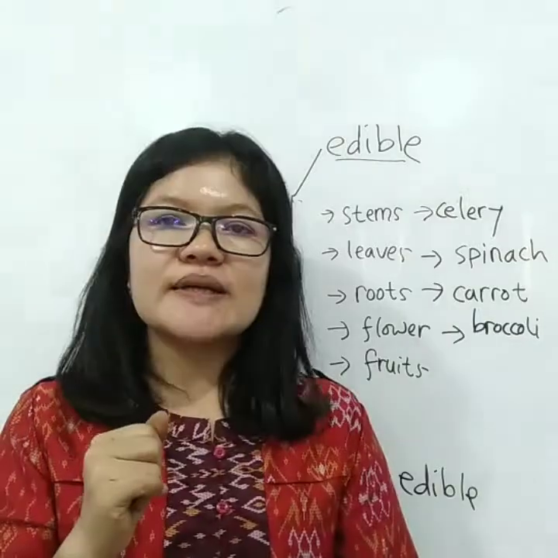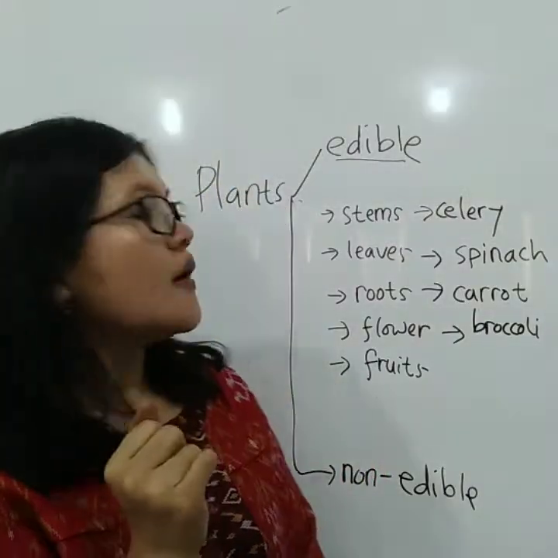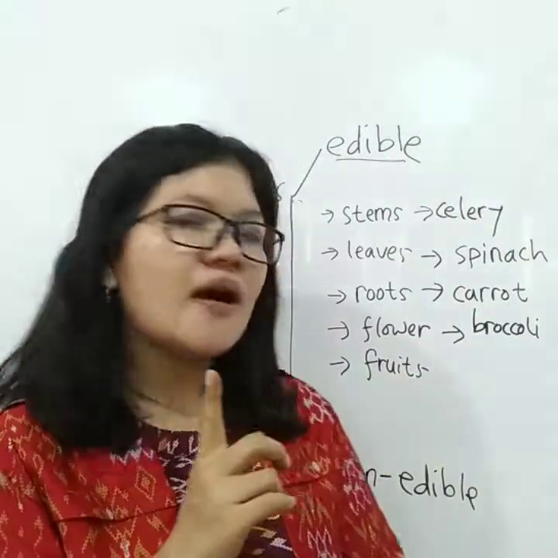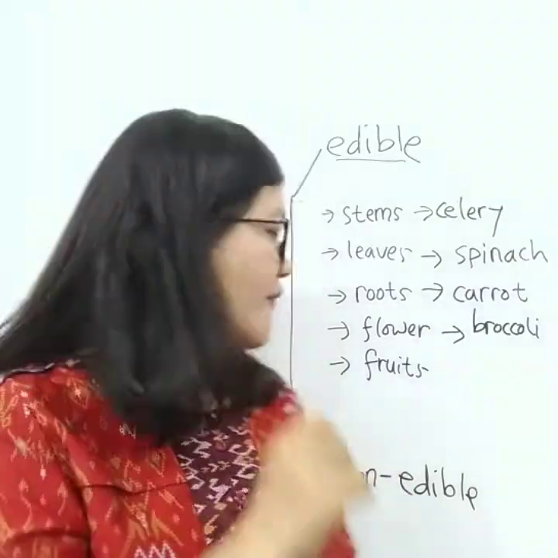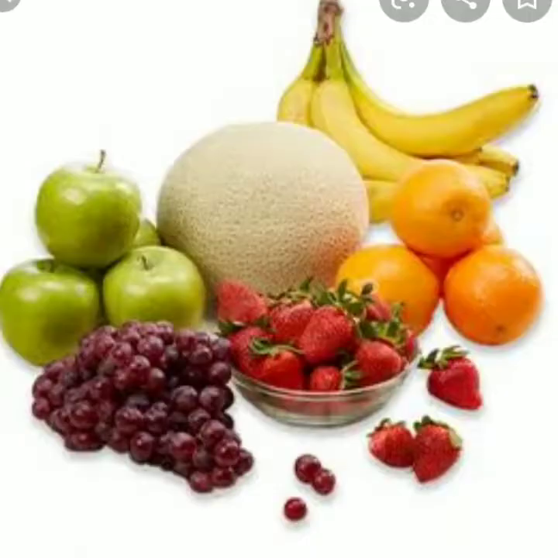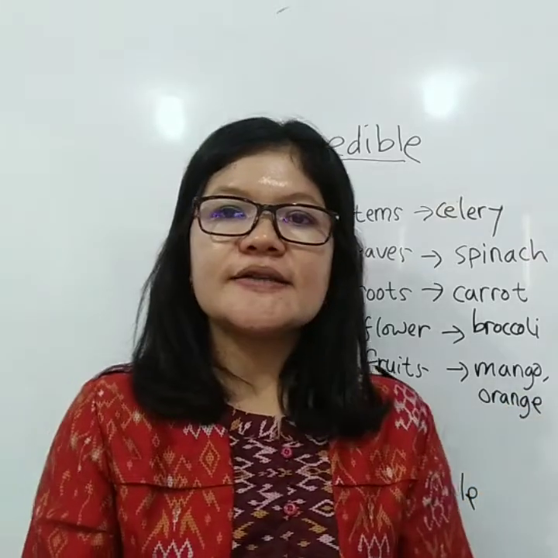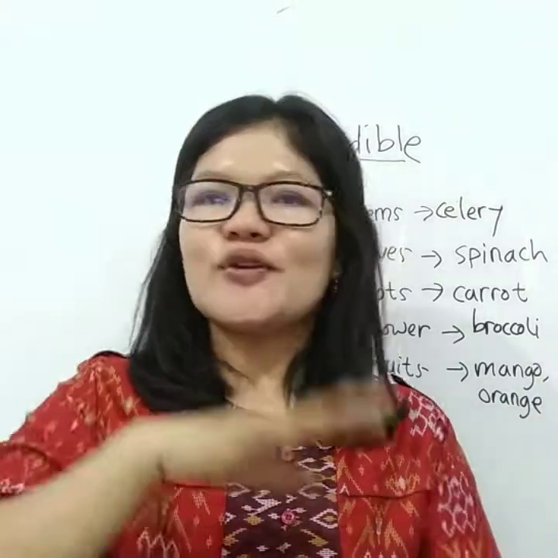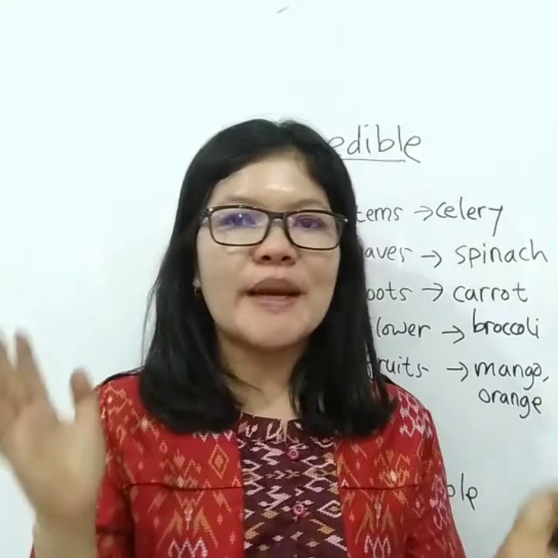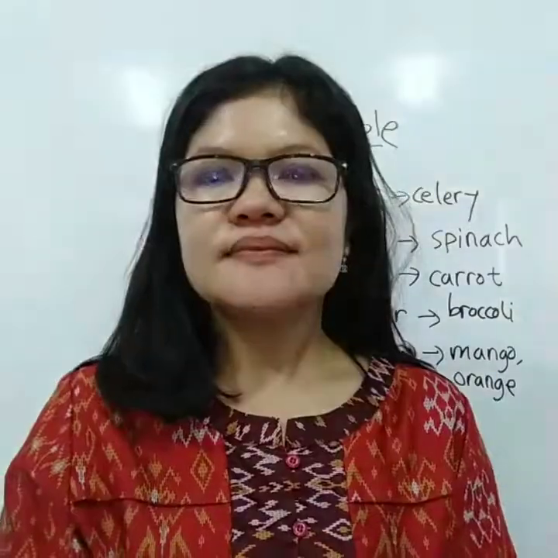What kind of fruits can we eat, or what kind of fruits are edible? Very good. For example, mango, orange, banana, star fruit. I think all of you have eaten many kinds of fruits.